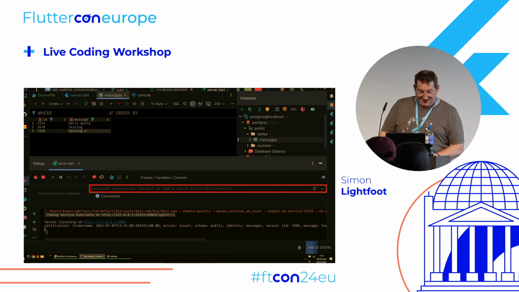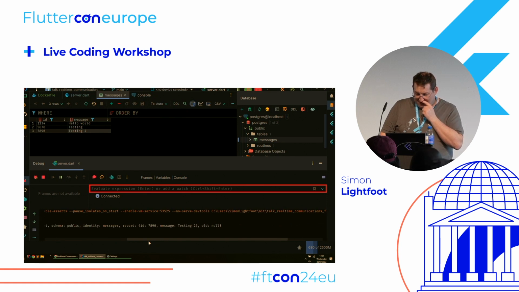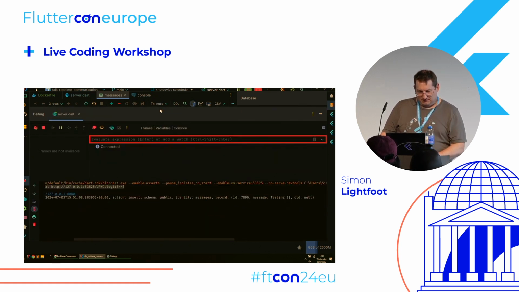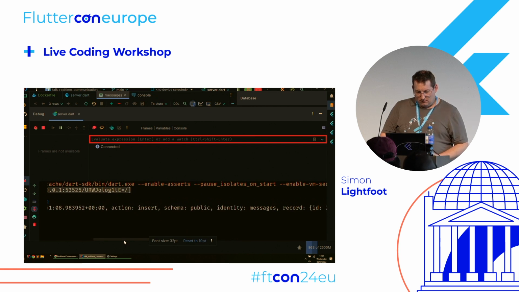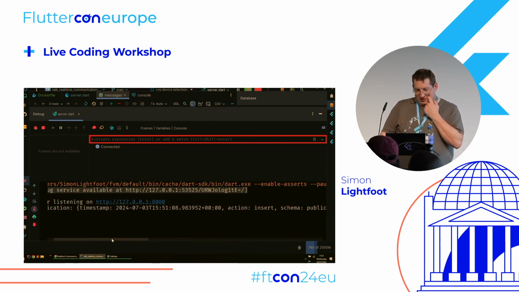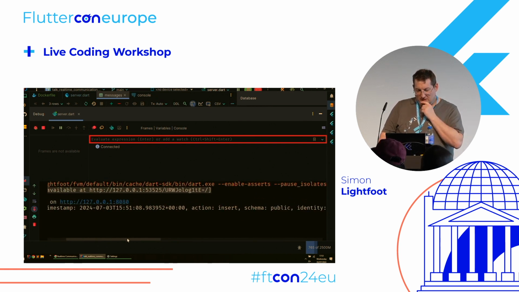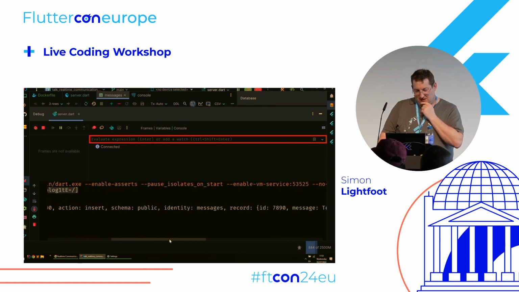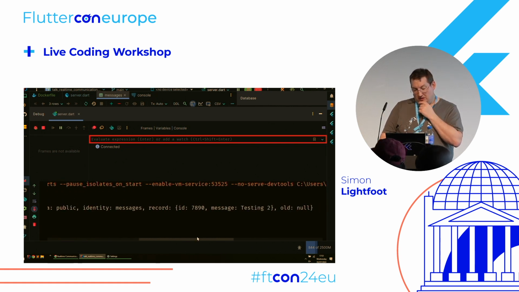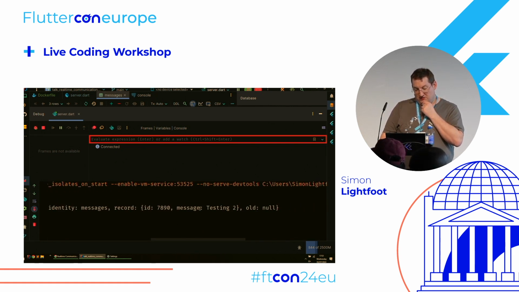It worked first time. Mission complete. So what we're seeing here, let me make that bigger for everyone. I should have done pretty print, never mind. So you've got the timestamp from when the event occurred, the action, the schema, the identity ID, the table, the record of the change. So it's giving us all the fields. And then if it was an update, you would get an old.